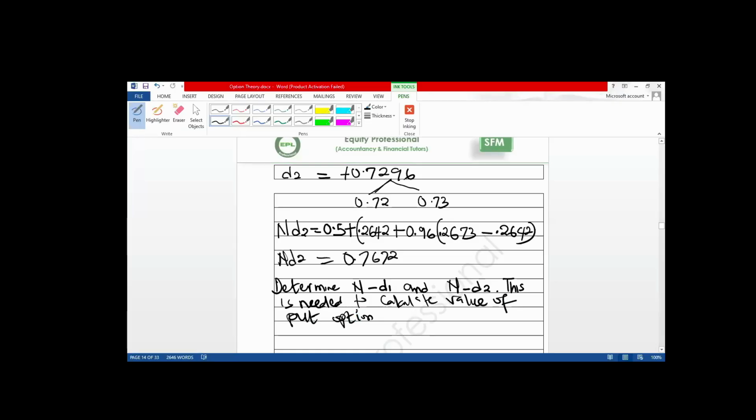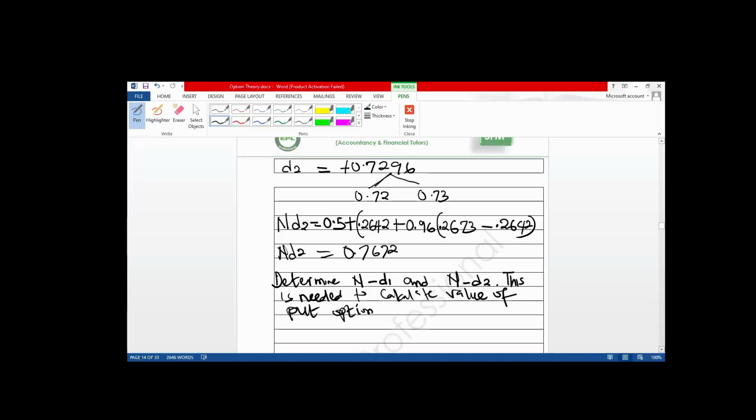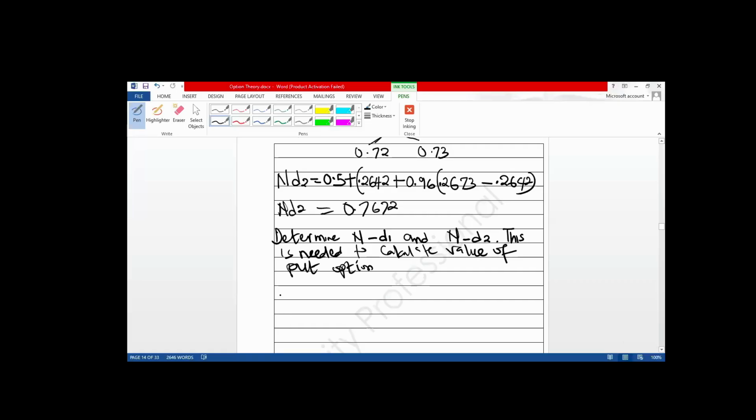Why am I putting this there? If you are to calculate the value of call option, you don't need to come to this place.